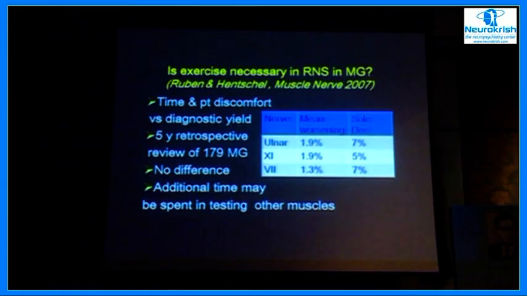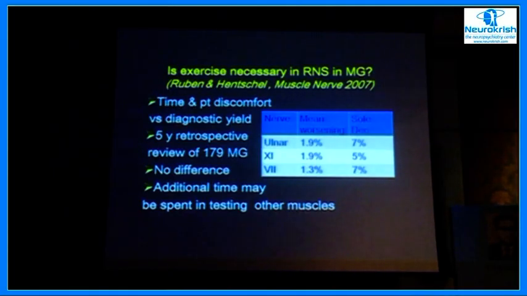Now, I told you that you do a resting stimulation, then you do exercise facilitation, and then you do an exhaustion study. Should we do all this, or just do simple resting stimulation in all the muscles, quickly, and decide? This was answered in a beautiful study published in Muscle & Nerve. The conclusion was that instead of doing stimulation three times, just do it one time in a large number of muscles, and then the yield may be much better.